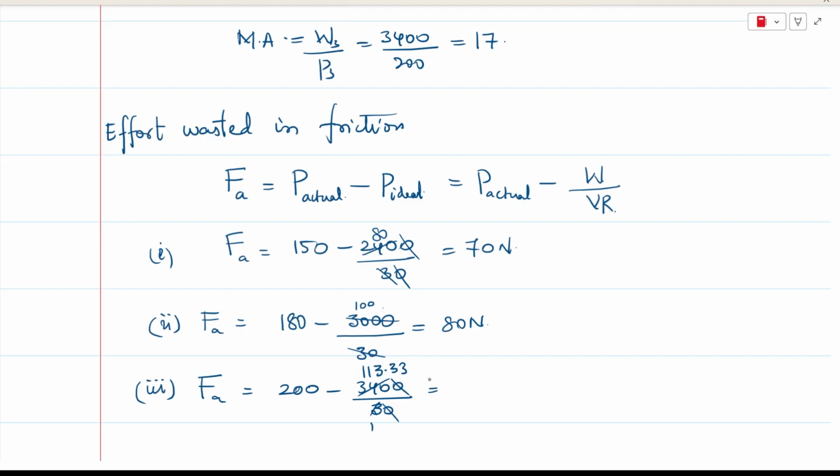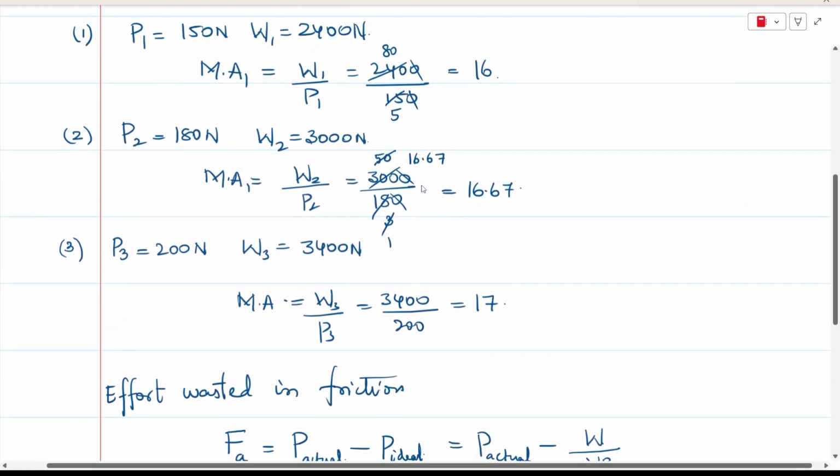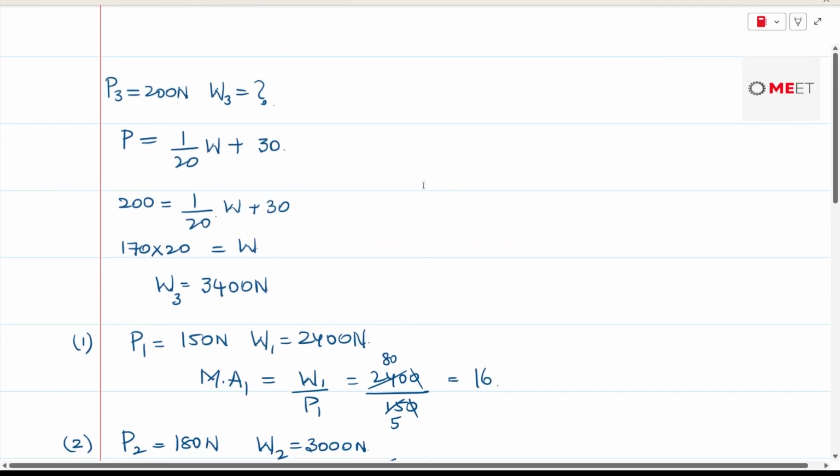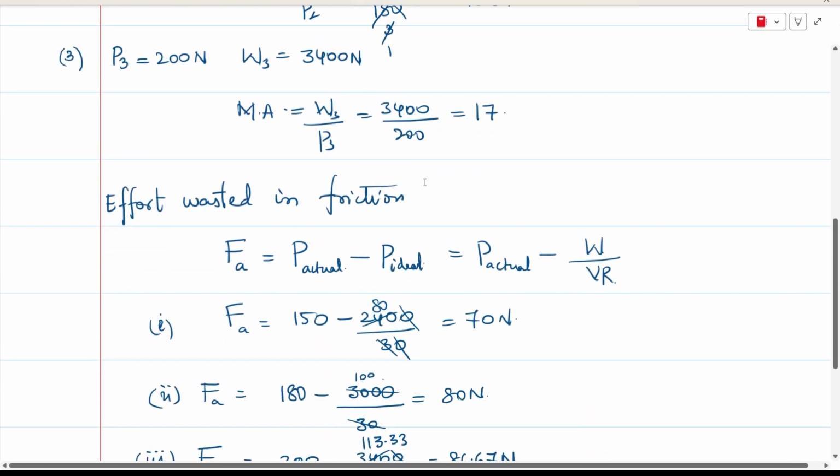So 200 minus 113.33 will be 86.67 Newtons. So for the different loading conditions, the effort wasted in friction, the mechanical advantage, and the law of machine, or the corresponding load that could be lifted, have been computed. This problem gives you repeated calculations, but overall you can develop an understanding of the concept.